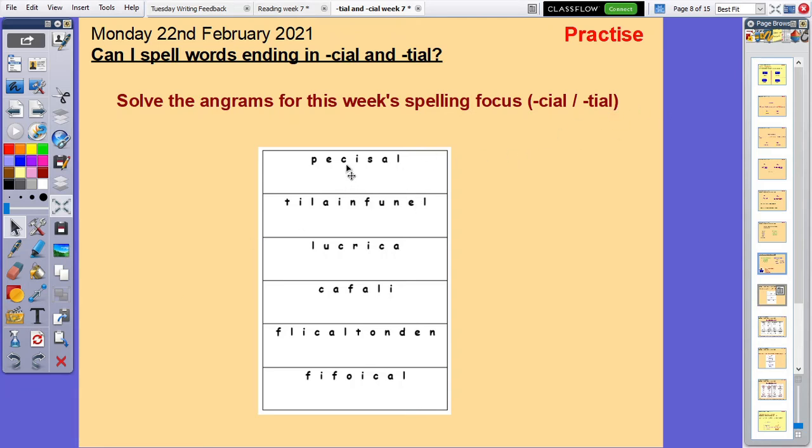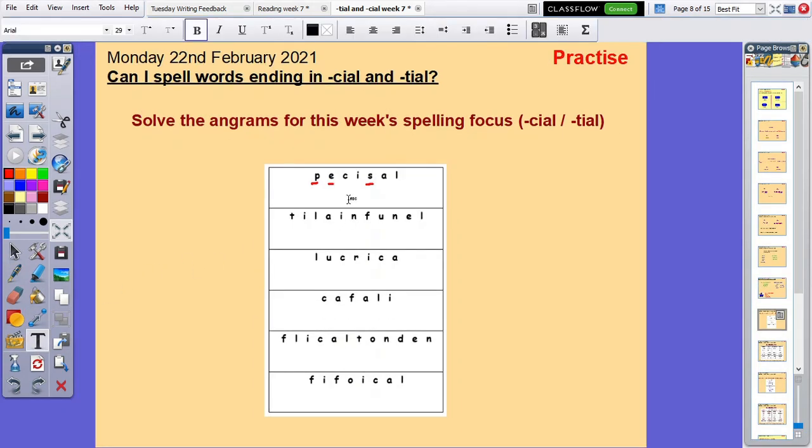So if you can pull out the C-I-A-L, for example here, you only have to then try and figure out what the rest of that word is with a P, an E and an S. So if I were you, I know that this word is going to have that there. Then you can unpick what the rest of it is. So that's my top tip for doing all of your anagrams. Pull out the CIAL or the TIAL first.